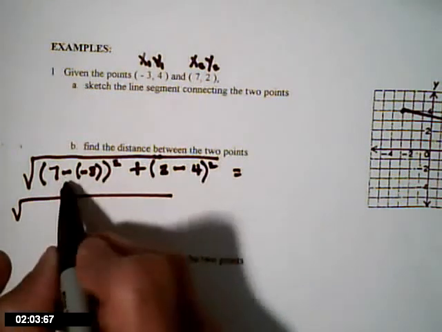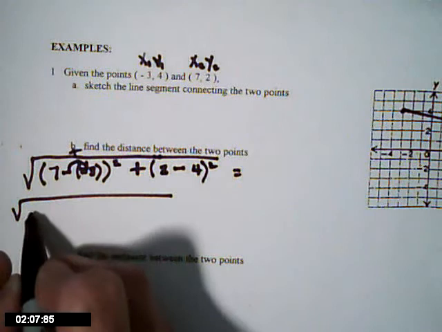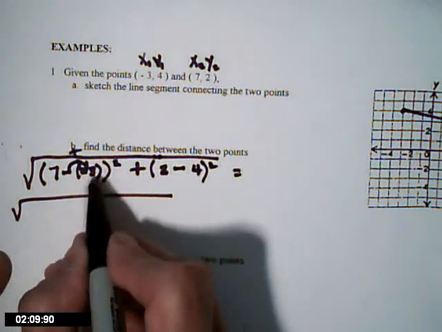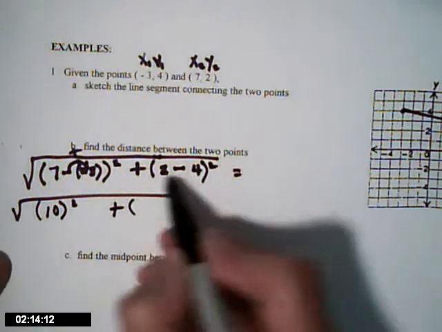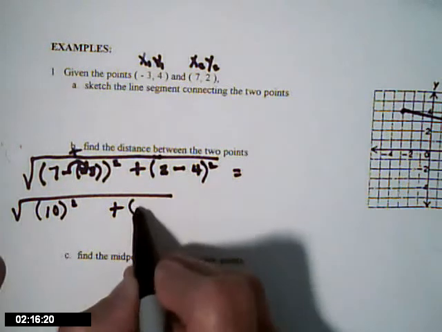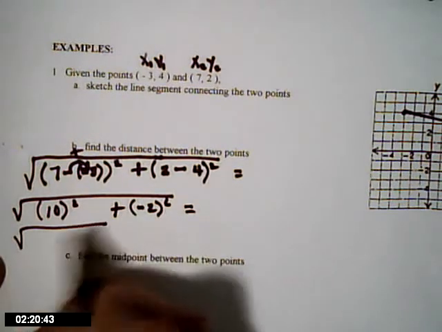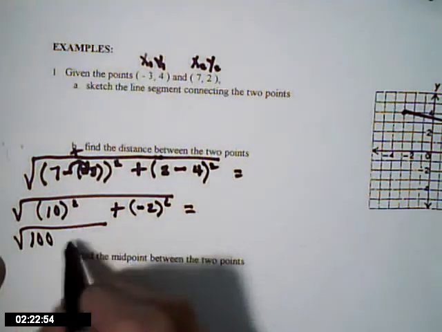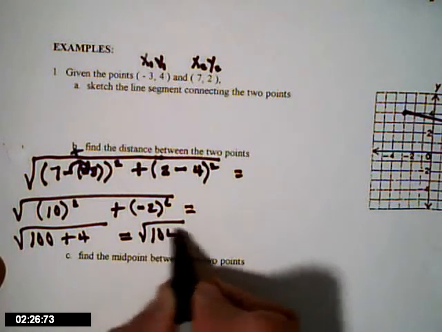Now, you remember that if you have a negative outside a parenthesis, it changes that sign. So now I have 7 plus 3. Well, 7 plus 3 is 10 squared. This parenthesis, I have 2 minus 4. That's a -2 squared. So now 10 squared becomes 100. -2 squared becomes a 4. I have the square root of 104.